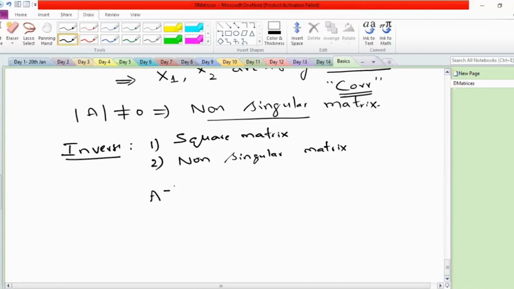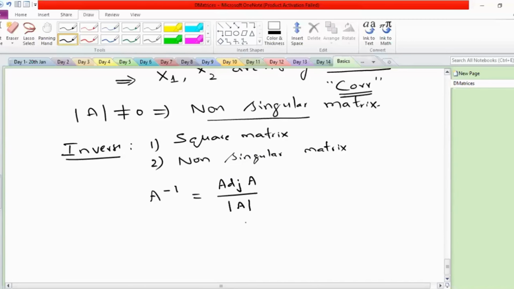If that is the case, A inverse is nothing but adjoint A divided by determinant of A. If it is a singular matrix, determinant of A becomes 0. That means A inverse becomes infinity.